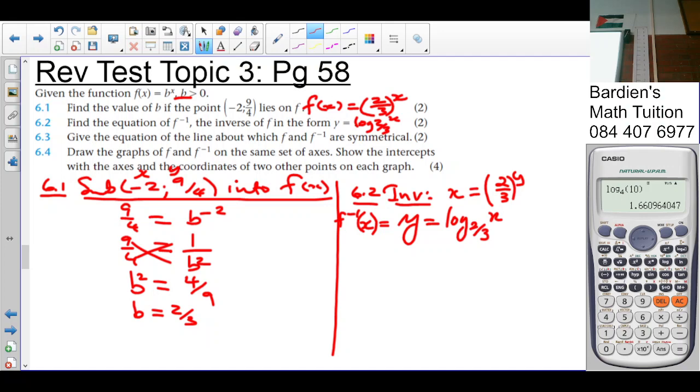Remember, the inverse function is the reflection of the function in the line y is equal to x. When we introduced the inverse, we told you that it is the reflection of the graph in the line y is equal to x.